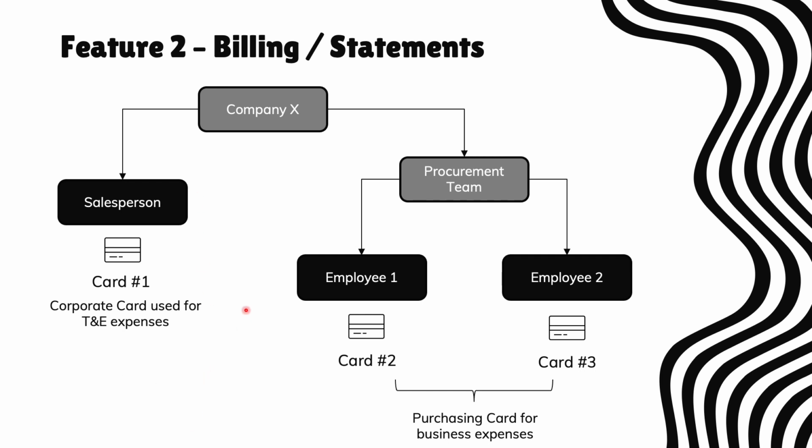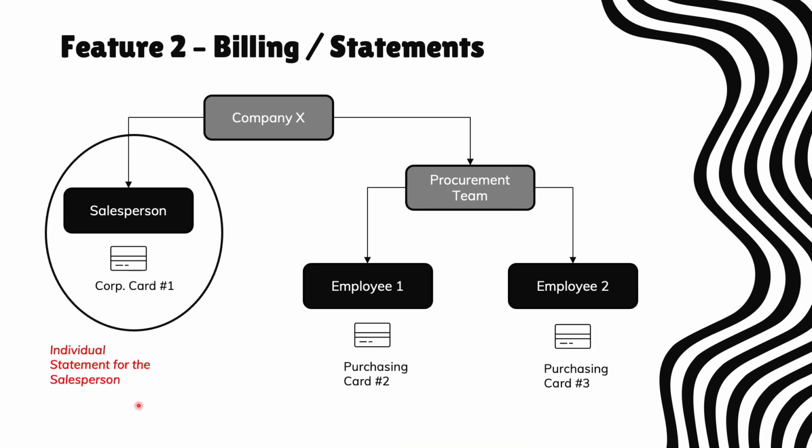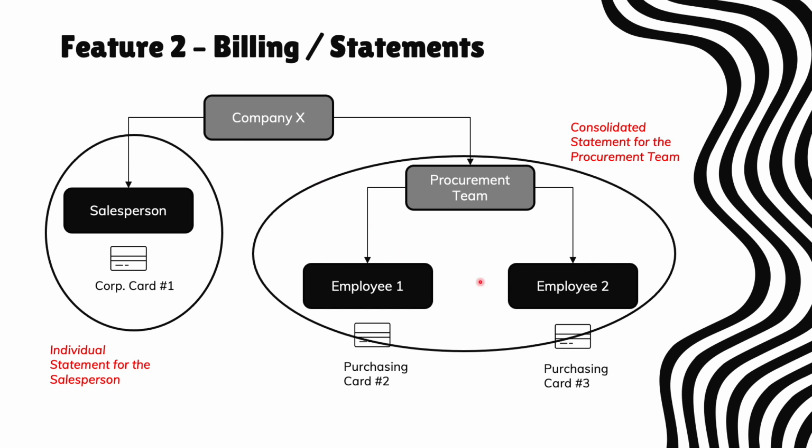And then say there are two procurement cards issued to the procurement department towards payments to external vendors. So in this kind of setup, the billing would be done individually for the corporate card, that is the due amount and the statement would be separately generated for the salesperson, and a consolidated billing and statement is prepared for the cards issued to the procurement department.